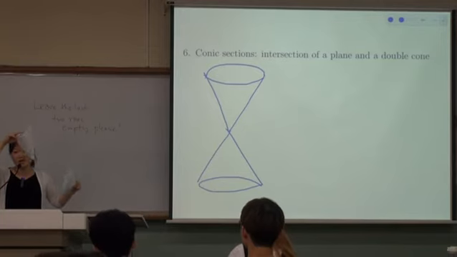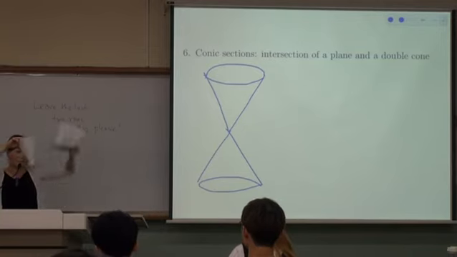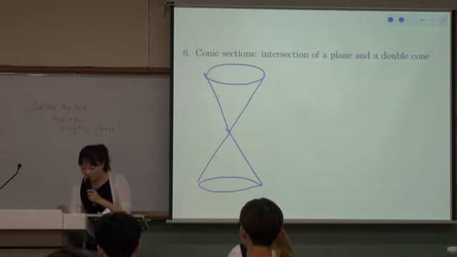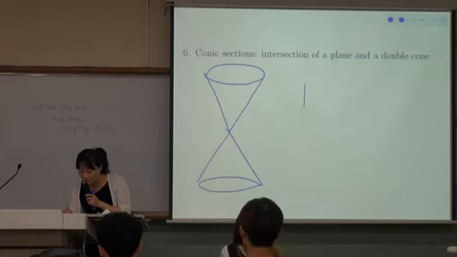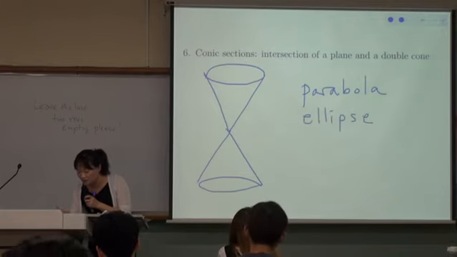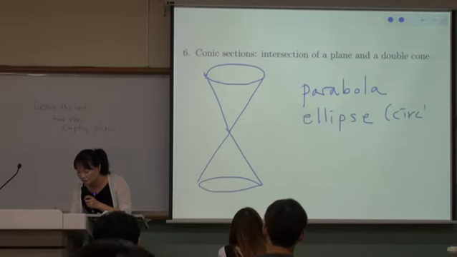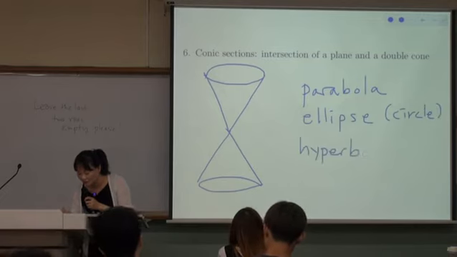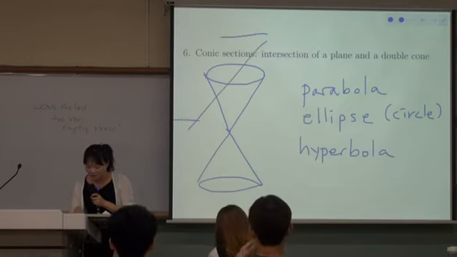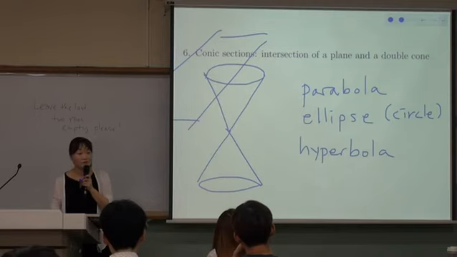So by cutting a double cone in various ways with a plane, we can get a parabola, an ellipse (ellipse includes circle), and a hyperbola.